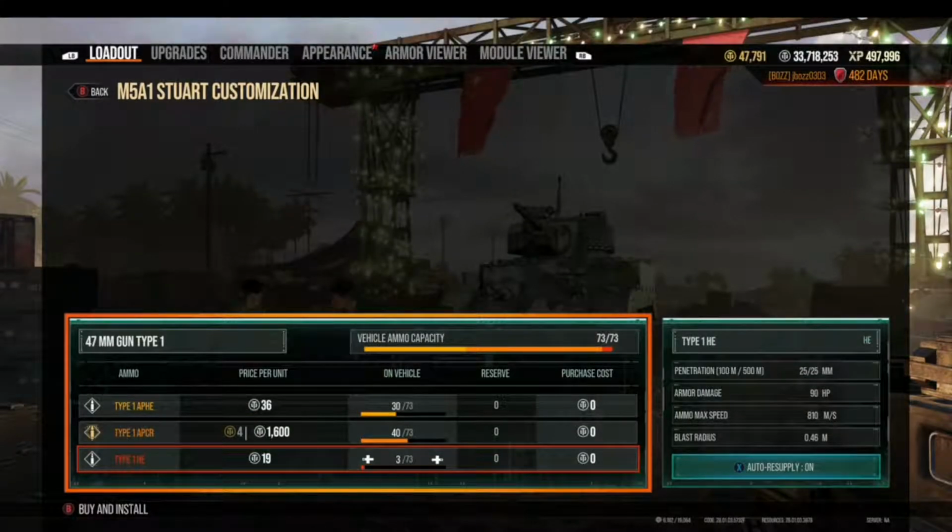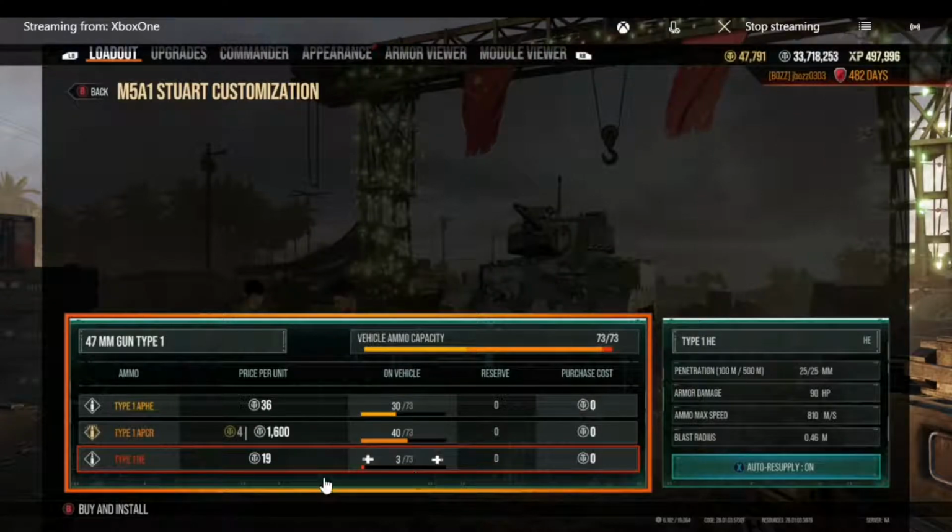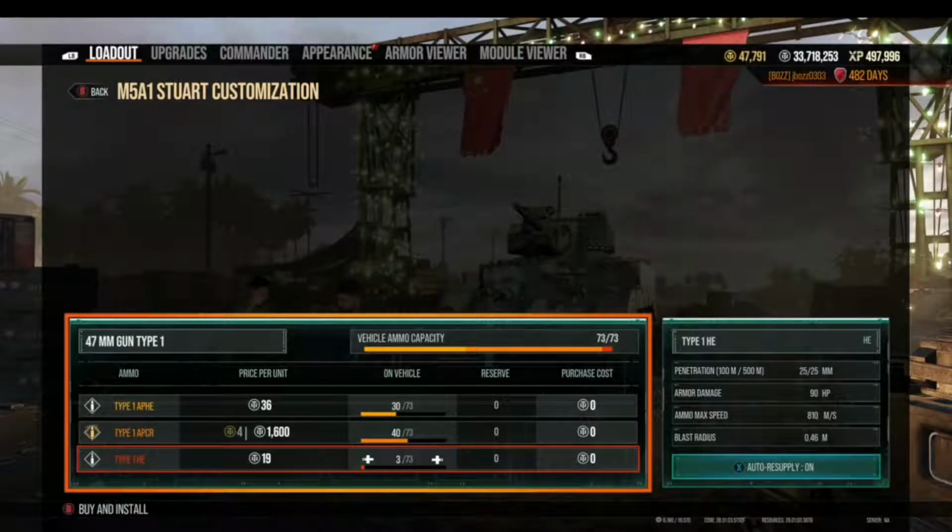Now, typically though, the HE rounds are slower, so that's not very typical, or it's a bad example. Distance doesn't affect pen value for HE rounds. Also another reason that you might want to use an HE round to hit a tank that's pretty far away, that you're having trouble pinning.